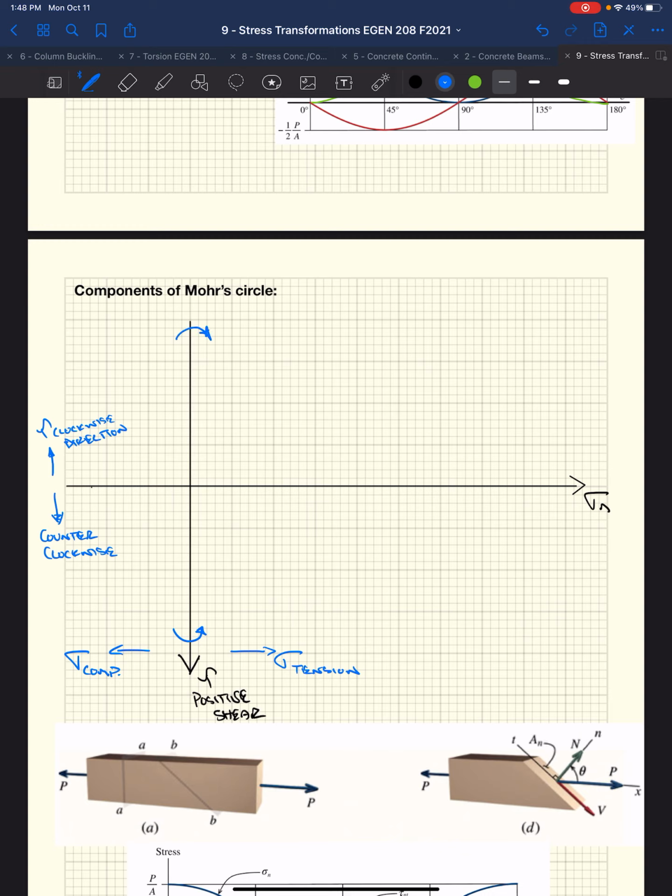If it's clockwise, it's negative shear, and we're on the upper part, right? The top part. We're above our x-axis, okay? So it's like a moment going clockwise, negative.